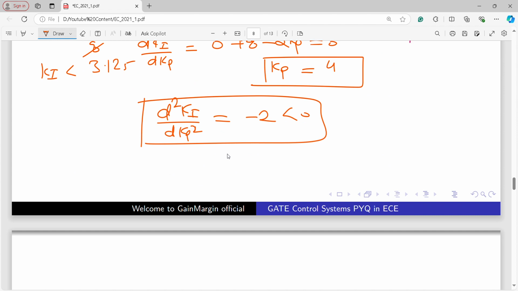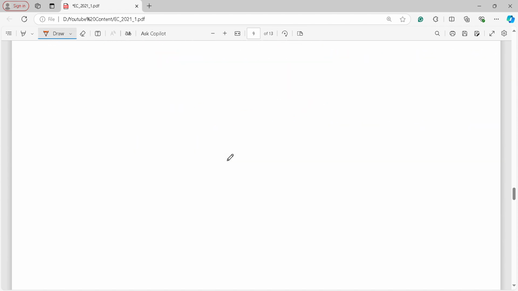You can also draw this in a graph, which gives a better overview and understanding. This is my kp.